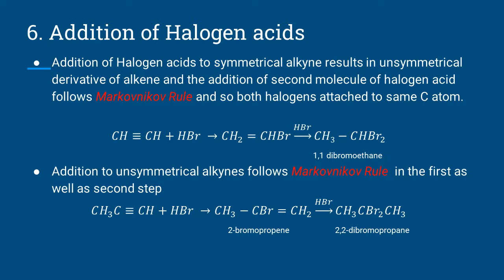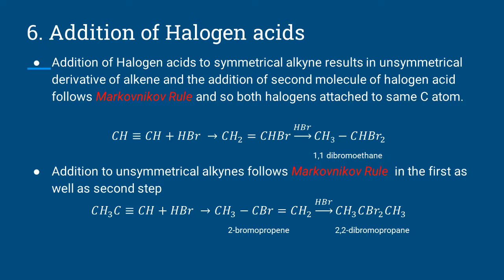Acetylene, the triple bond, one bond will shift to a carbon and hydrogen will add to one carbon and bromine will add to another carbon to form a vinyl bromide, CH2=CHBr. Now the second molecule of HBr adds to it. Now comes the Markovnikov rule, where in the carbon 1 we have one hydrogen and one Br. In the other carbon we have two hydrogen.